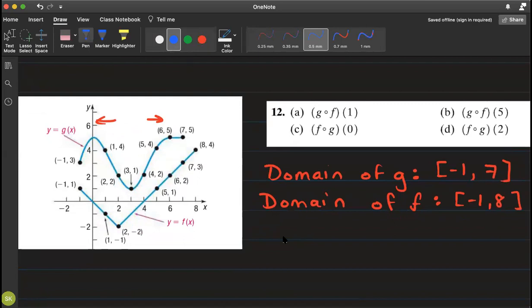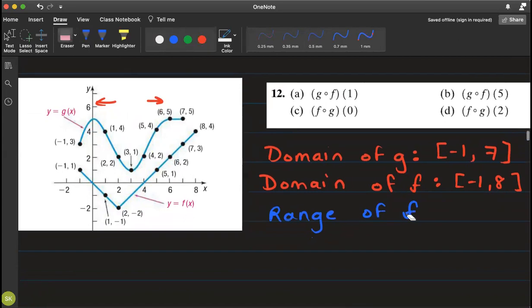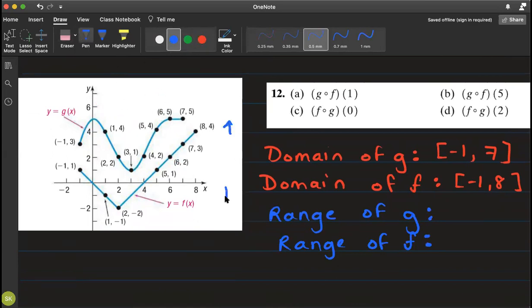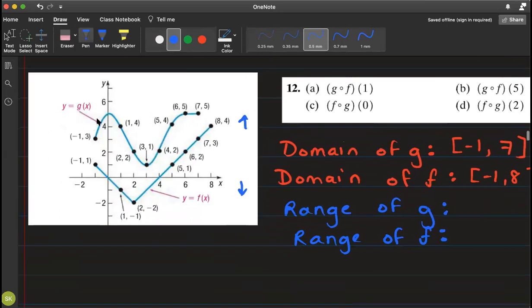We could also talk about range. So the range of f, I started with g, so maybe we should stick with g. The range of g, and we can talk about the range of f. Now remember that range is how far up and down you go. So for g, if I look at this function here, ignore the one on the bottom, the furthest point downward I have is this 3, 1.